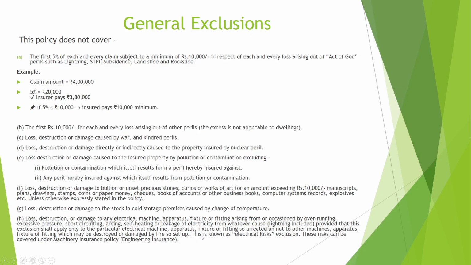This is known as the electrical risk exclusion. These risks can be covered under a machinery insurance policy. You can insure all of this in engineering insurance, but generally it is excluded there, and you can take separate insurance for them.